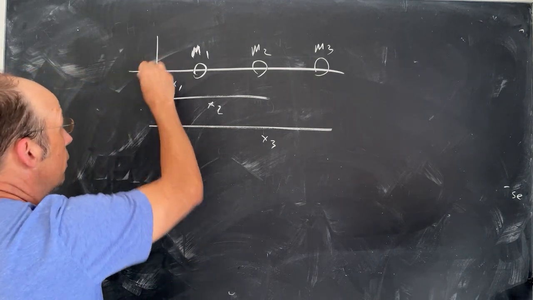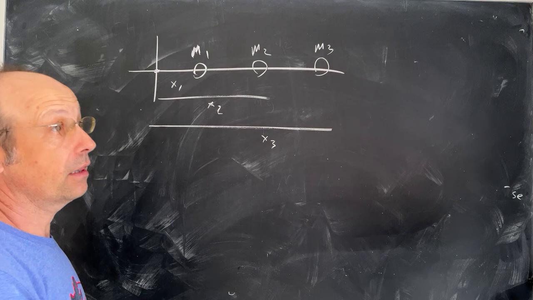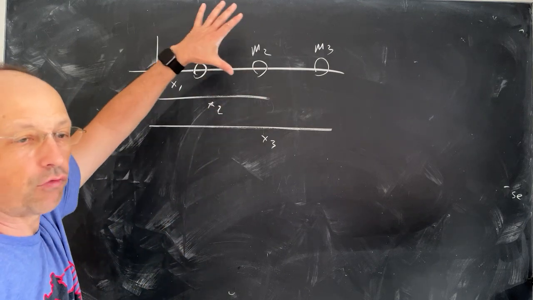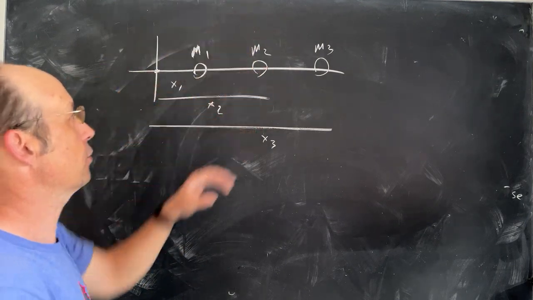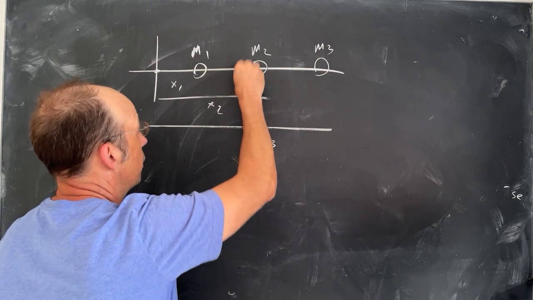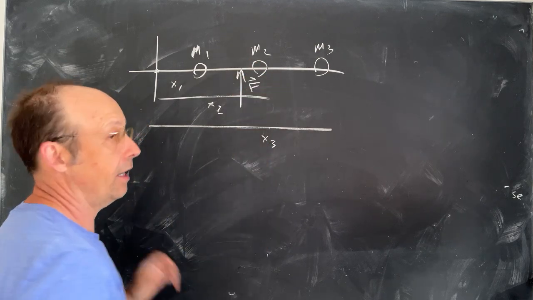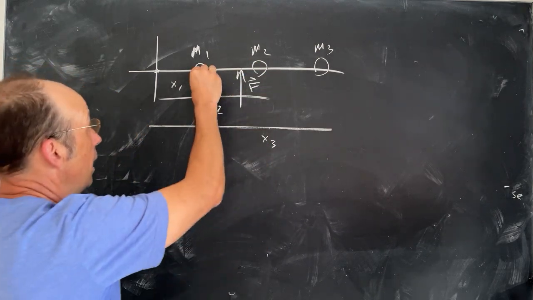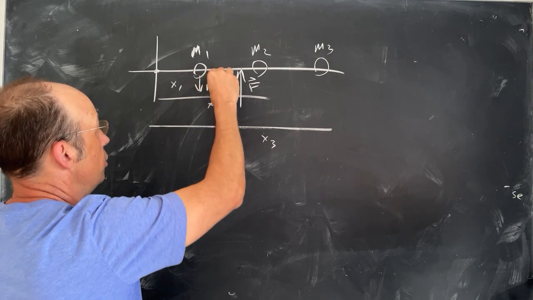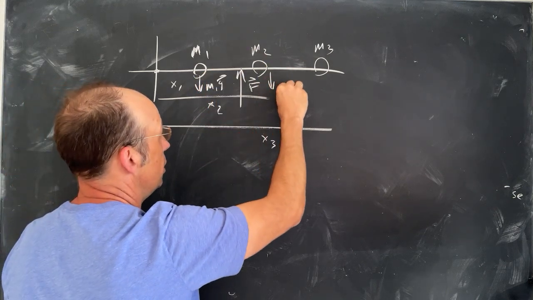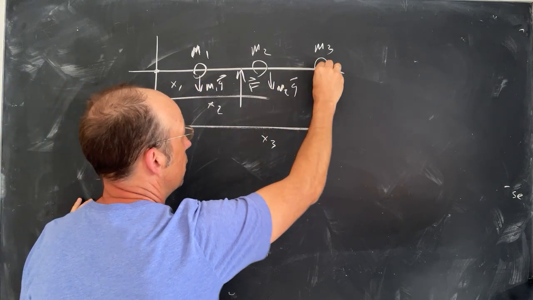What if I want to balance this? These are rigid, connected by massless rods, and I want to push somewhere with a force F so that it's in equilibrium. Well, I know that I have these forces down here: M1g, M2g, M3g.